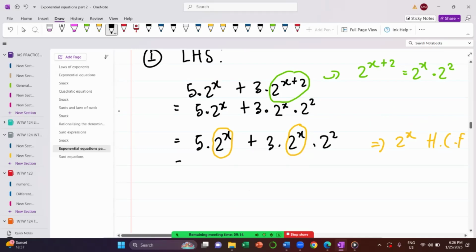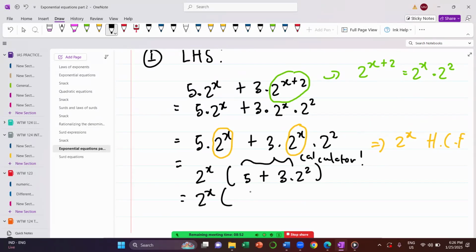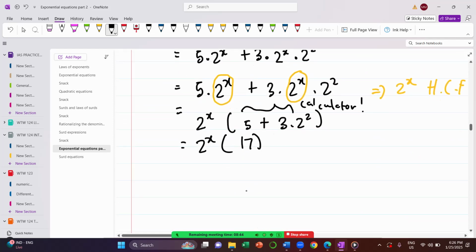So let's take it out as common factor. It's going to be 2 to the exponent of x into 5 plus 3 times 2 to the exponent of 2. Put this into your calculator. How much do you get? 17. So I have 17, right?